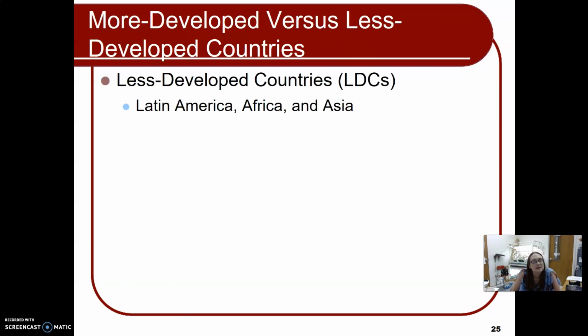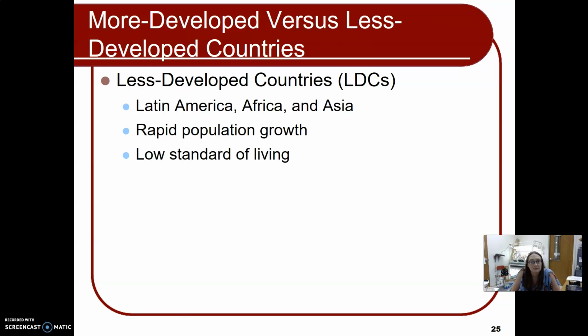Now, if we look at more developed versus less developed countries, less developed includes a lot of Latin America, Africa, Asia. They are experiencing rapid population growth. They also have a low standard of living in many places, typically rural.